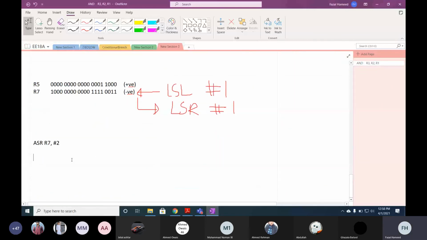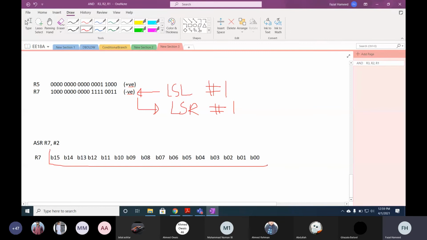So let's assume this is the contents of R7. This is the old contents. So what will be the new contents of R7? Can you predict the new contents?